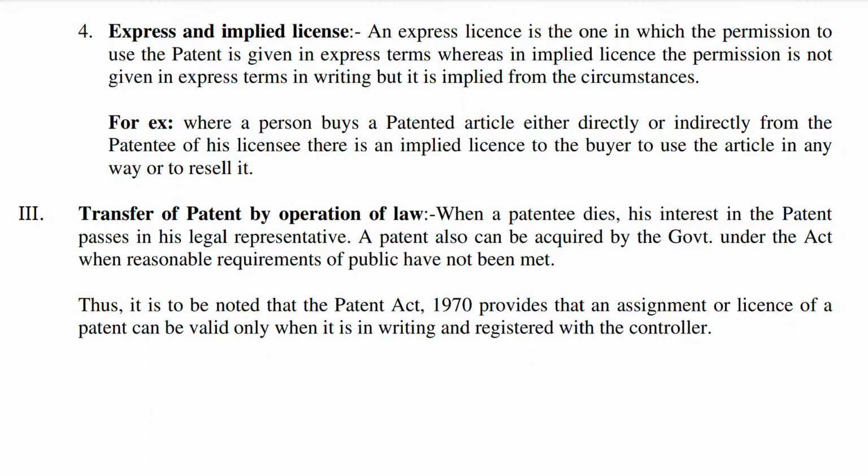Thus, in view of the discussions above, it is to be concluded that the Patent Act provides that an assignment or license of a patent can be valid only when it is in writing and registered with the controller. So, these are the major modes of transfer of patent rights.